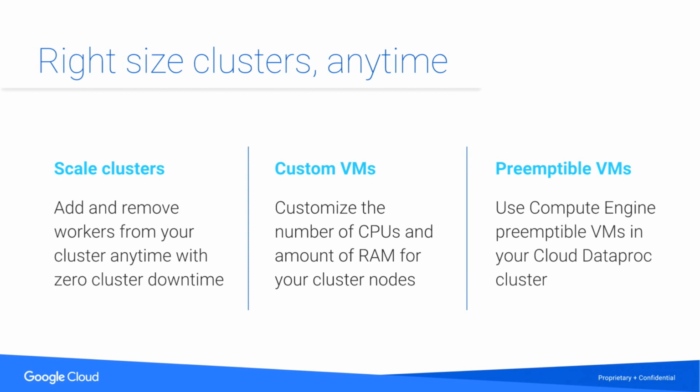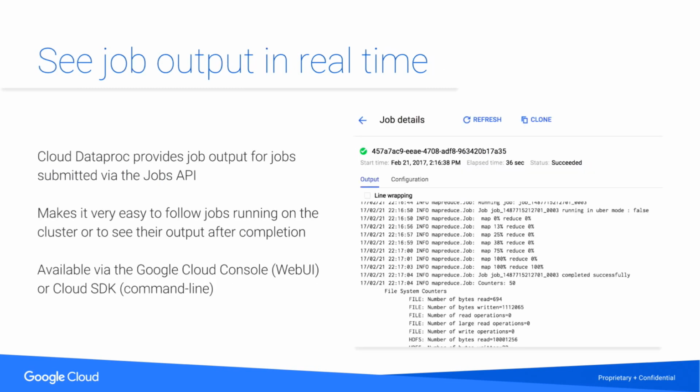Another important thing is that you can scale your clusters anytime. So let's say you have a cluster up and running, you can make additions in terms of adding nodes, removing nodes with zero downtime. You can also build custom virtual machines, which I talked about some time back, and of course you can utilize the power of preemptible virtual machines in a Dataproc cluster.